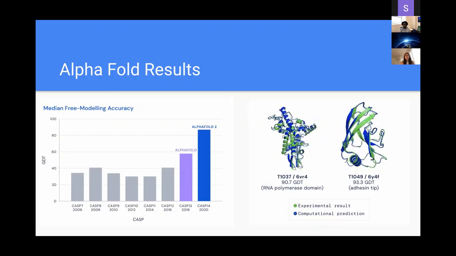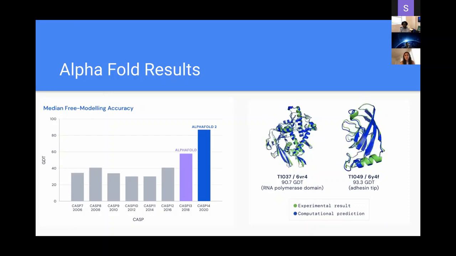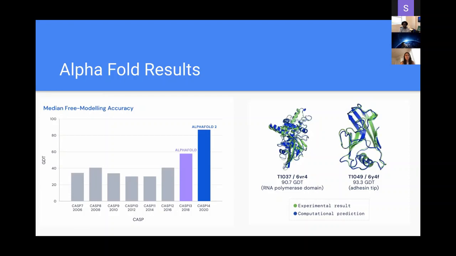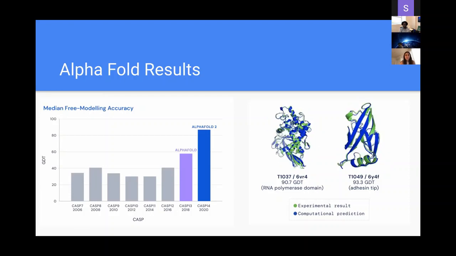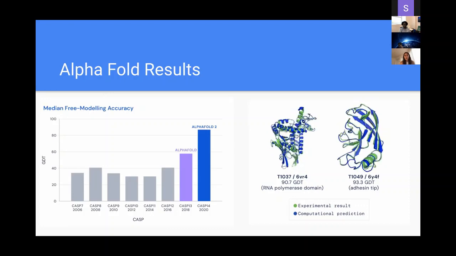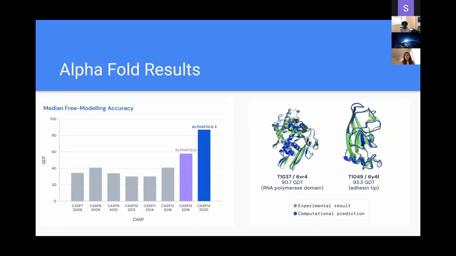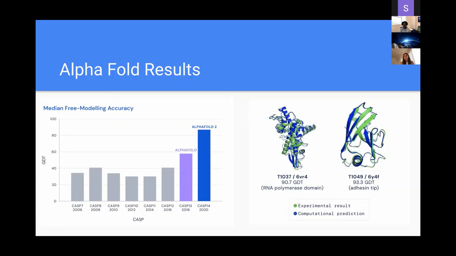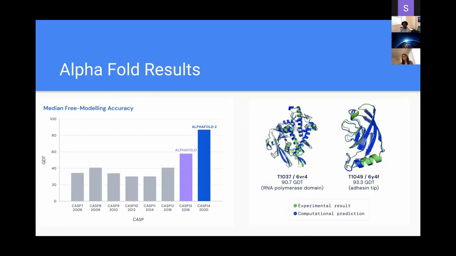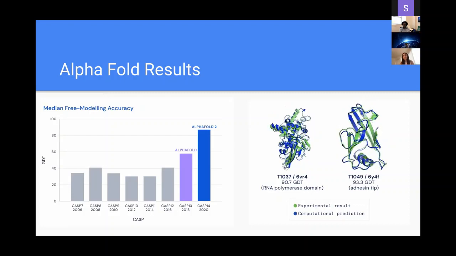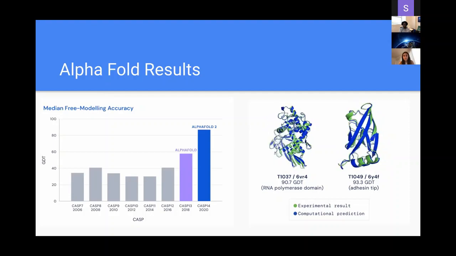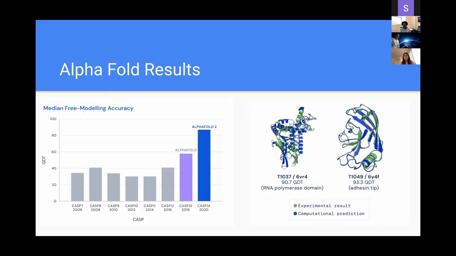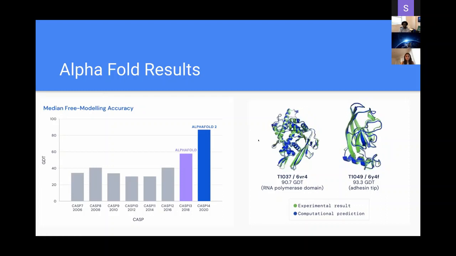I think this goes to show how powerful computers are, that within 2 years, it's able to achieve a greater improvement to accuracy than ever before. No other year compares. And to the right is a picture of their 2020 results. In green is the experimental result that CASP dictated was the right answer. And the blue is the computational prediction that AlphaFold had developed.